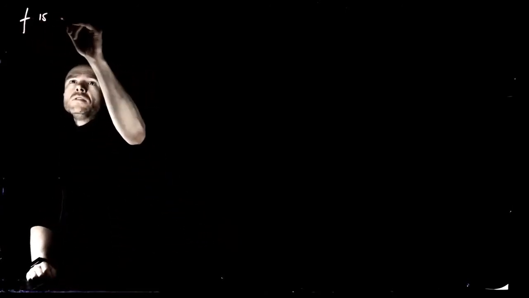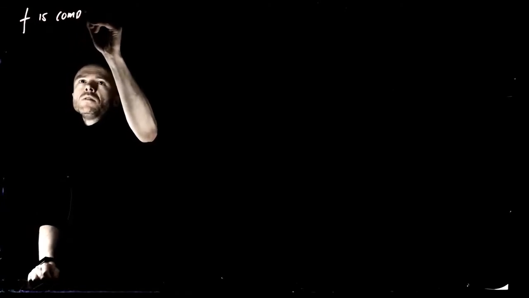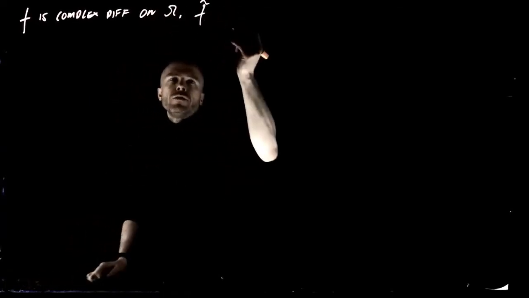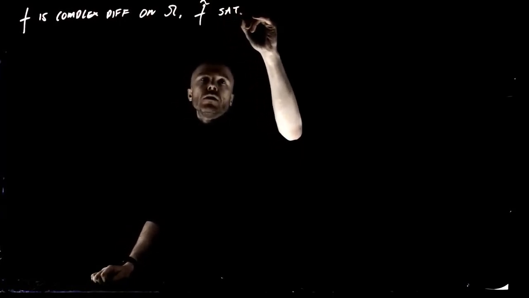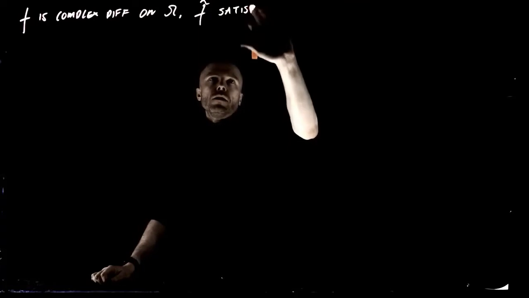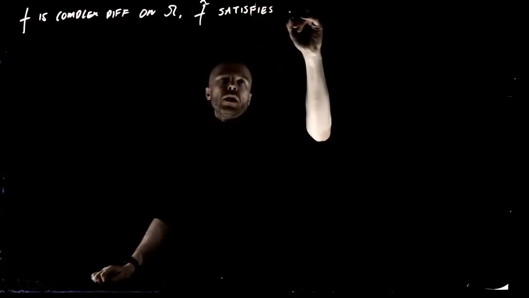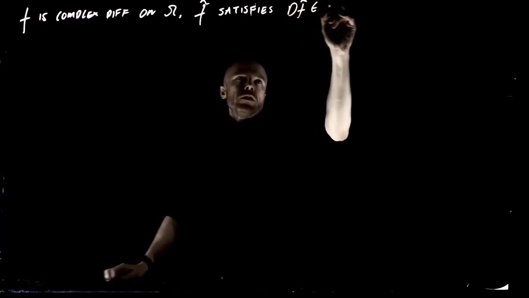Okay, what have we learned? We've learned that when f is complex differentiable on omega, and we write the representation f tilde, it satisfies this differential inclusion.